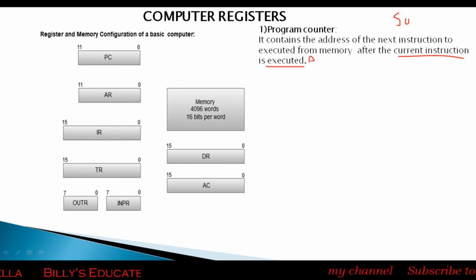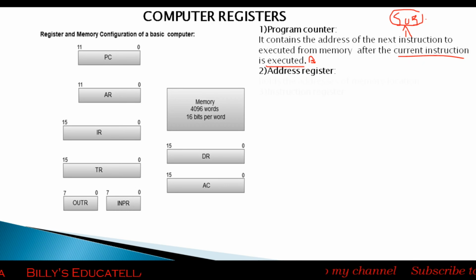So the program counter stores the address of the next instruction, that is the subtraction operation, to be executed from the memory. I think you understood about the program counter.